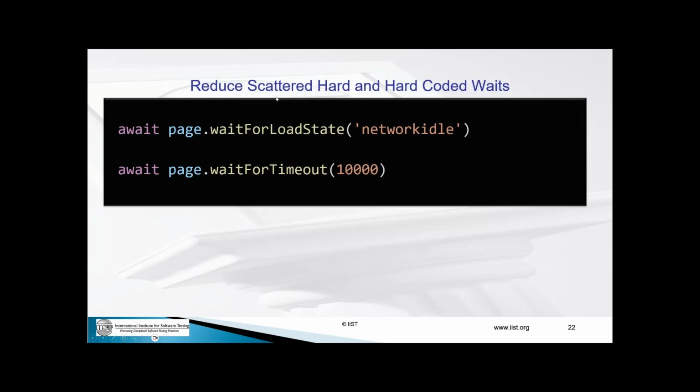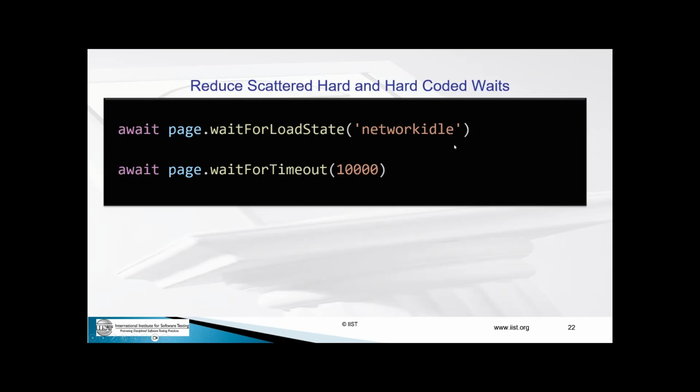One of the other goals I want to do with this is to try and reduce scattered hard-coded waits. One version you might see in Playwright is wait for load state, network idle. I don't really recommend it; it's not very stable for two reasons.